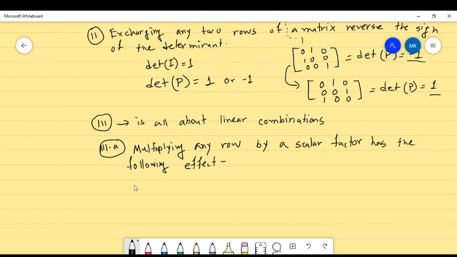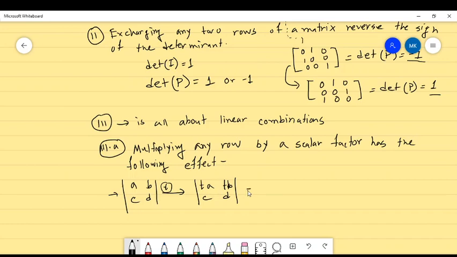So let's say you have a matrix A, B, C, D. You have multiplied the first row by T. So you have TA, TB, C, D. So you have only multiplied the first row with the scalar factor T, right?